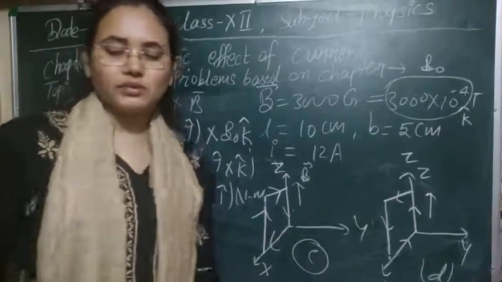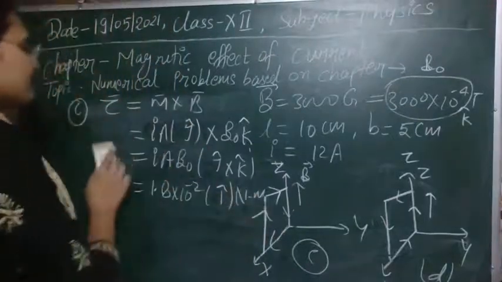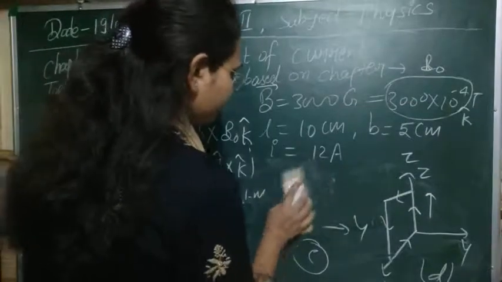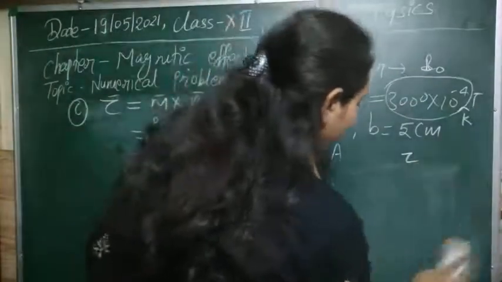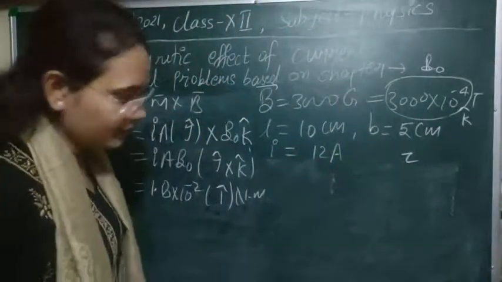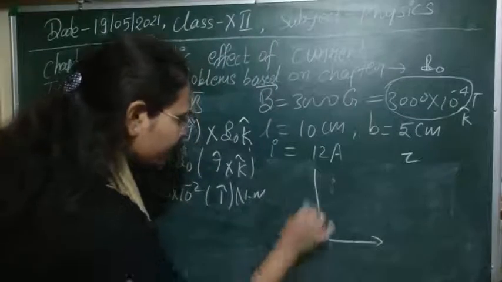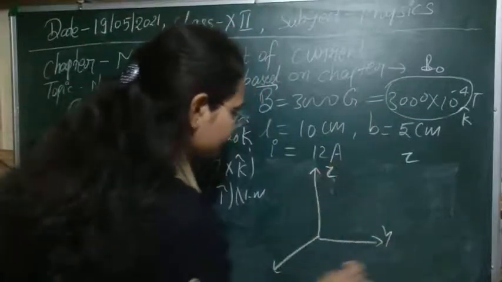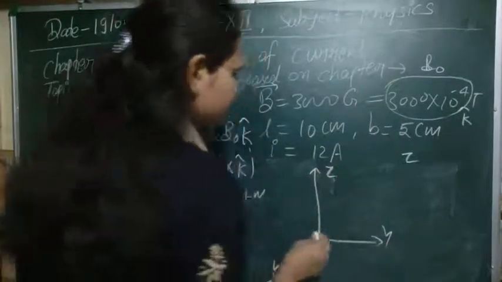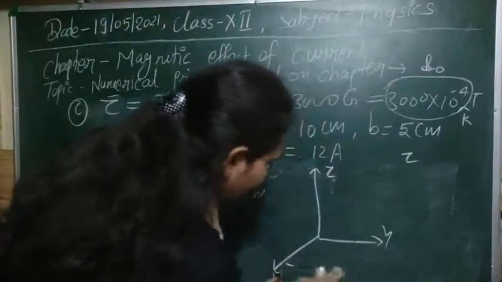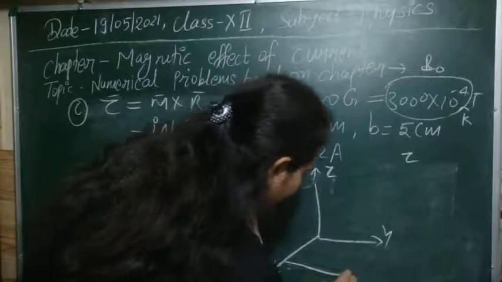Clear, I think, student? And the last case, if you will see, in the last two cases that we have here, again this is Z, this is Y, this is X for us, and we can make a loop in the XY plane.